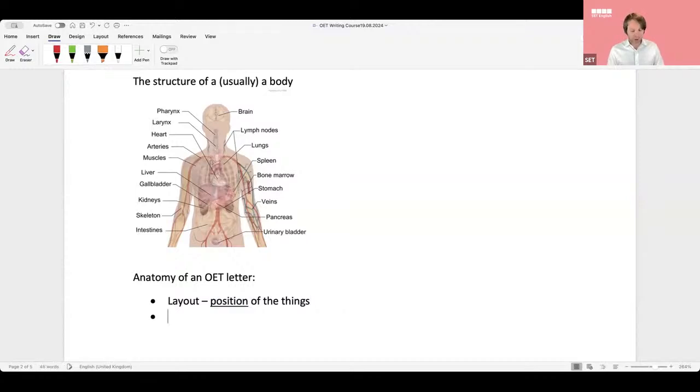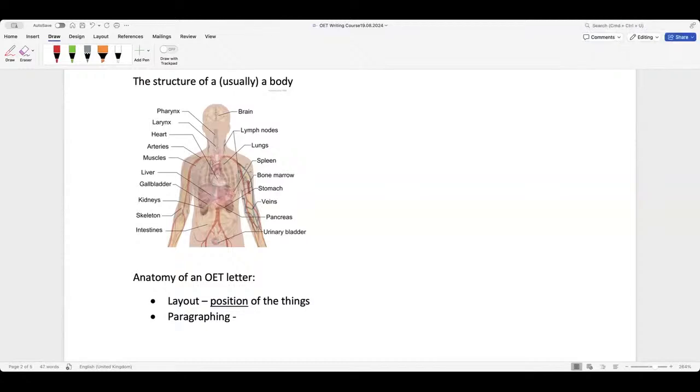We're also, though, going to look at paragraphing. What is a paragraph? Omi, can you tell us? I think it's a group of words in the same line, it gives you some information about some things.